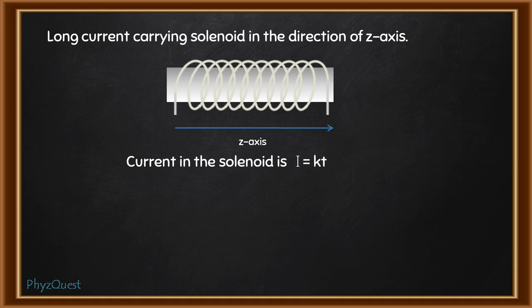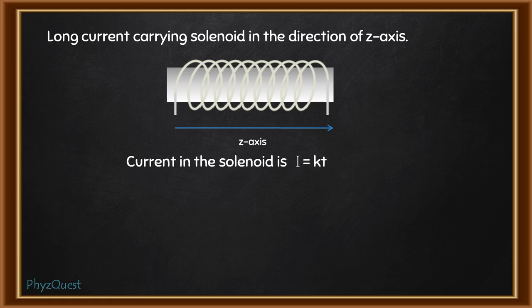Now, according to Ampere's Law, the magnetic field is dependent on the current, and it is the permeability times the current. For a single turn, that will be mu0 times the current. Suppose there are a large number of turns, so you have to consider the number of turns as well.